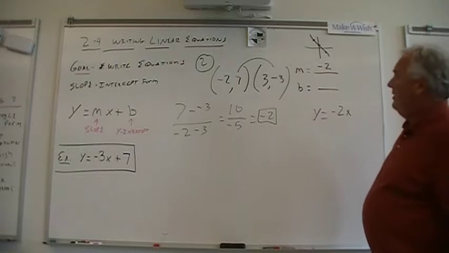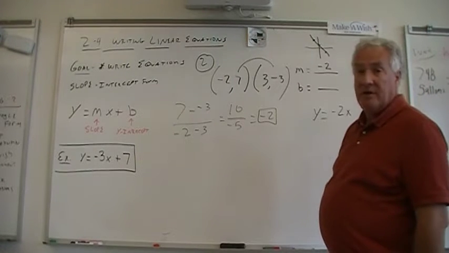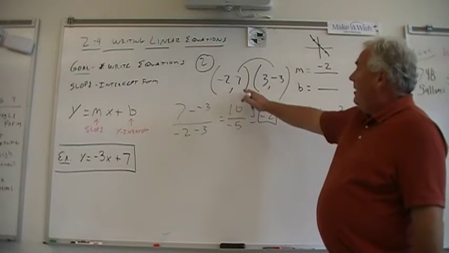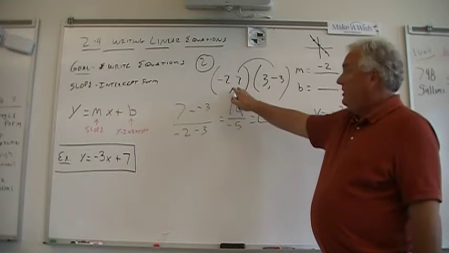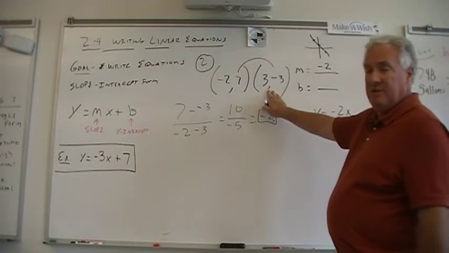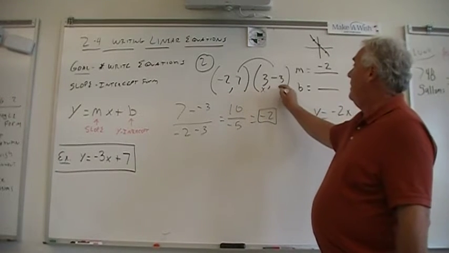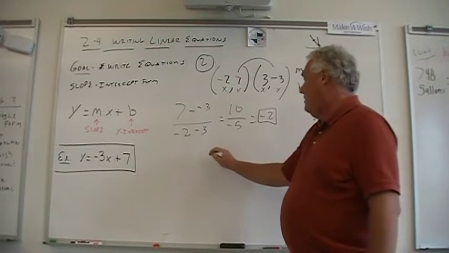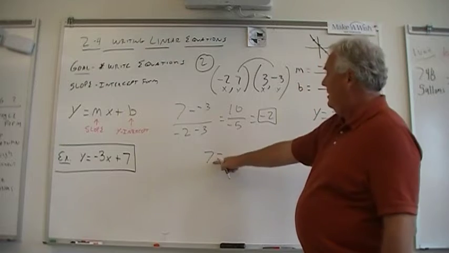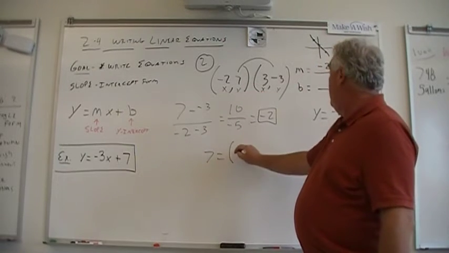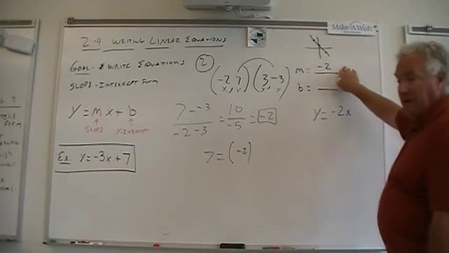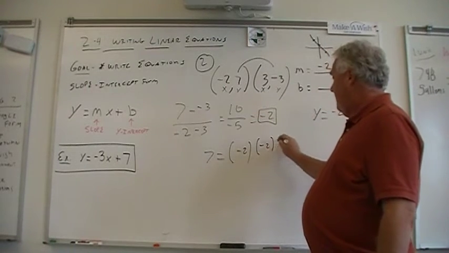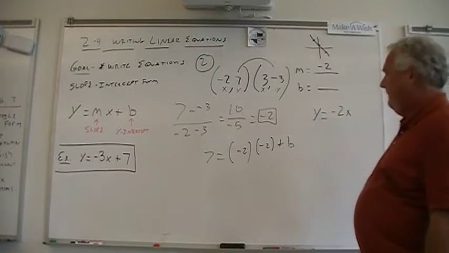Now let's talk about the intercept. And we do the same thing we did before. Pick a point, you guys. You can use this point or you can use this point for your x, y. I'll just use this one, it doesn't matter. y equals m, negative 2, I figured out the slope, times x, negative 2, plus b.